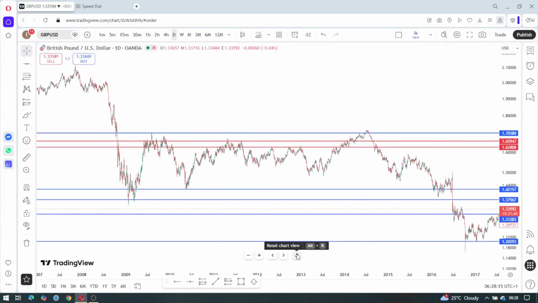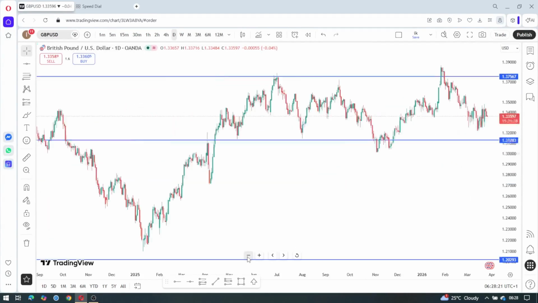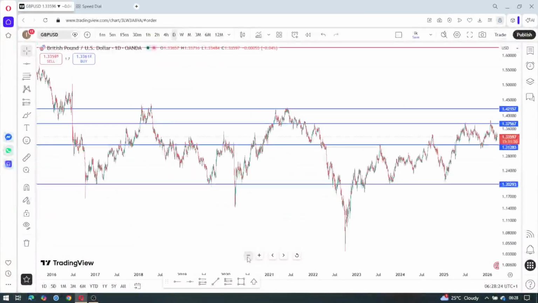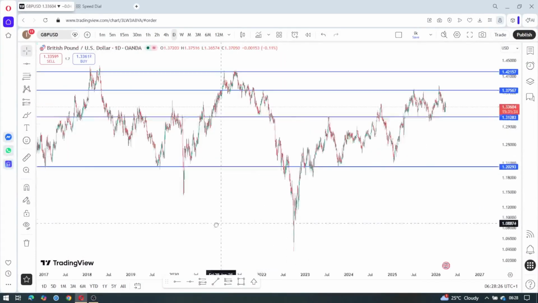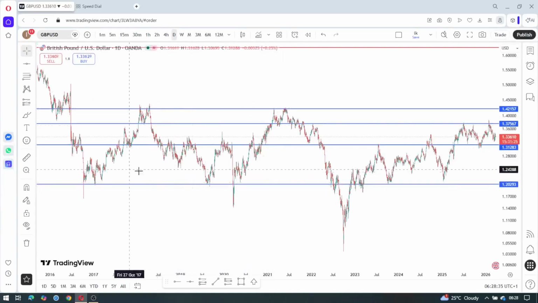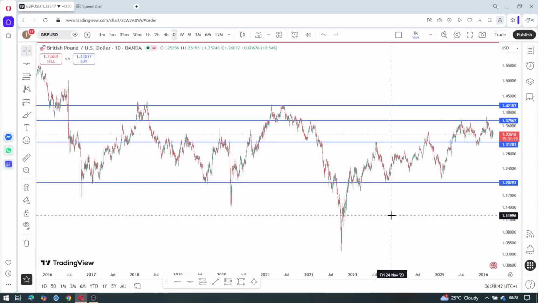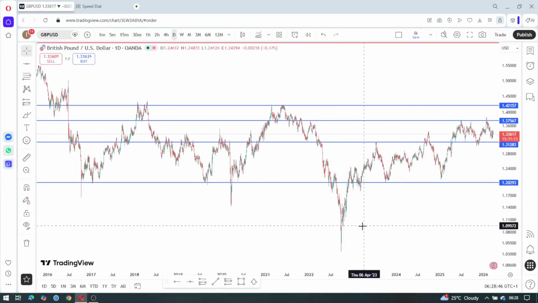Whenever you measure, what we try to look at is exactly how you can identify a sideways market. You see, after marking out these points like this, within the zones here is where the market is currently making sideways.